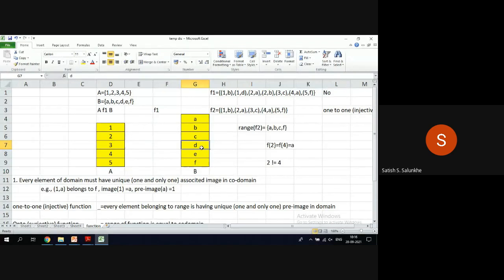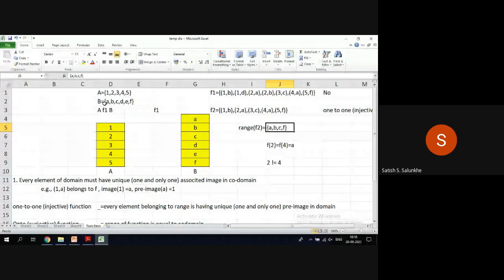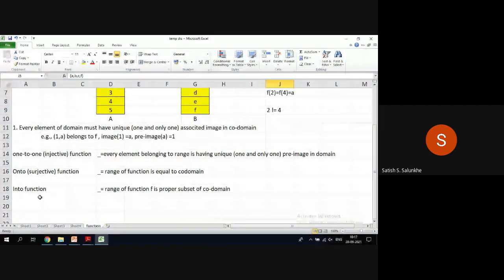So the range of this is a proper subset of the codomain. The elements D and E belong to B, but they do not belong to the range. Therefore, if your function has this property, that is, range is a proper subset of codomain, then we say the function is into.